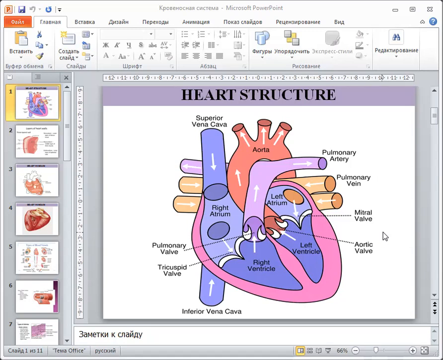The aortic valve closes the entrance to the aorta. It consists of 3 semilunar flaps and opens at contraction of left ventricle. At the time, blood enters the aorta.